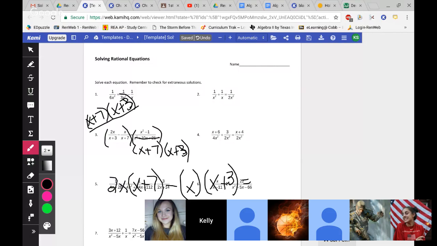And now on the other side, this x plus 7, x plus 3, if we're multiplying that side by that, that's that whole thing. So the denominator completely cancels out and leaves you with an x squared minus 1.